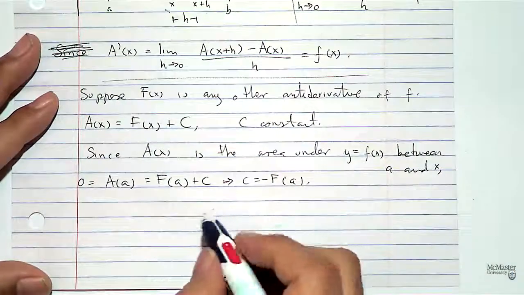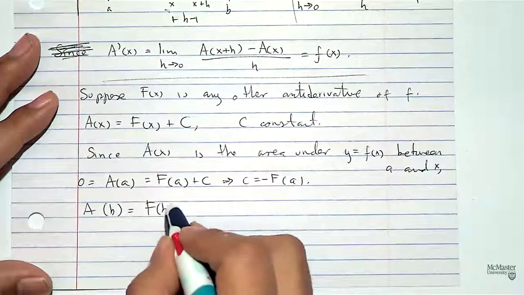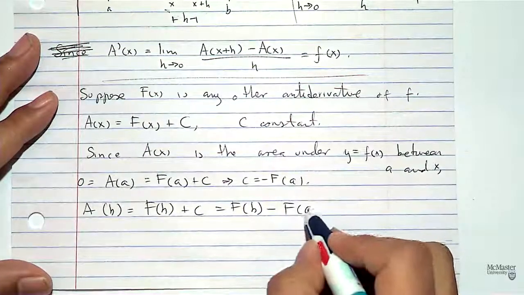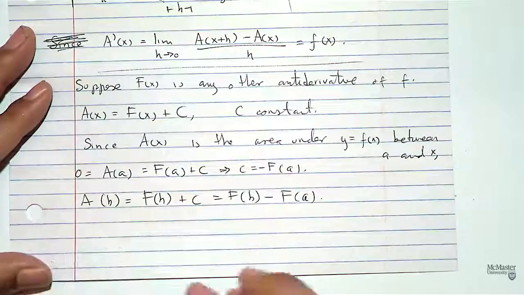And basically what you have is that A of b is equal to F of b plus C, which is equal to F of b minus F of a, that you know by plugging in this value, and then you have the area, which is the total area.